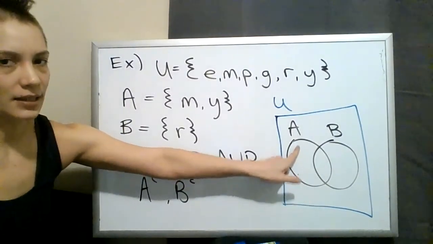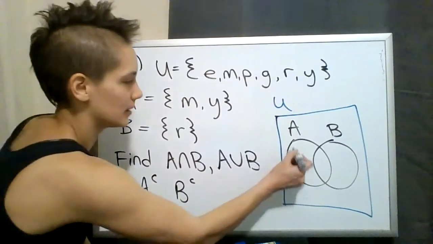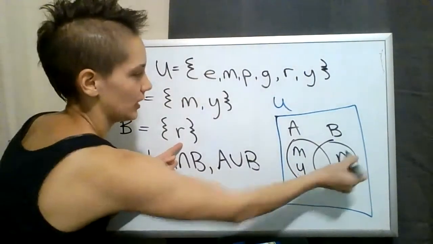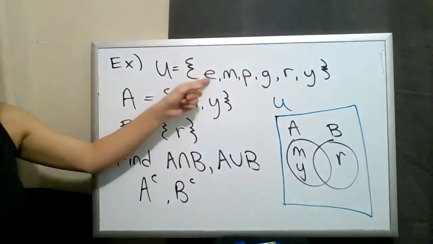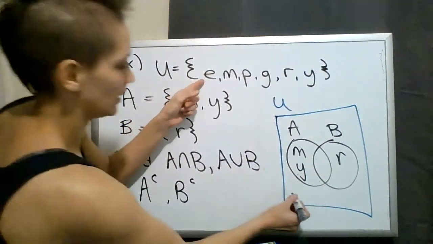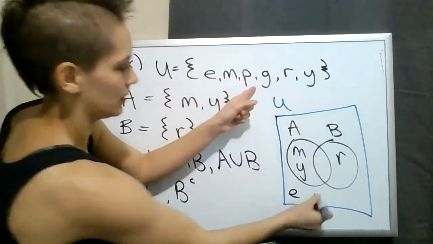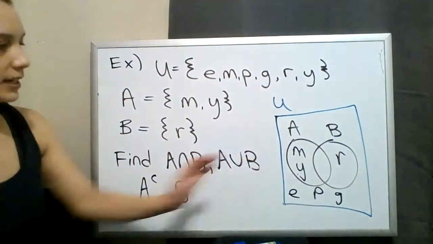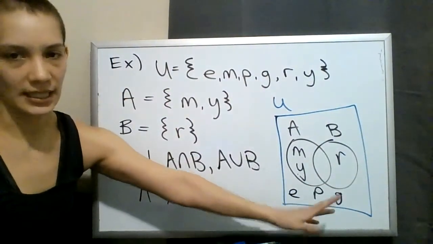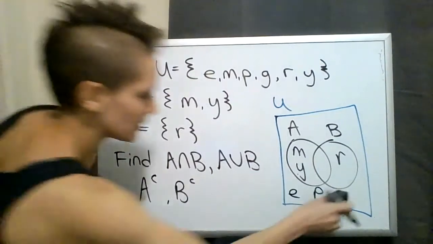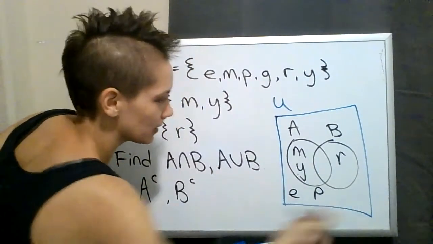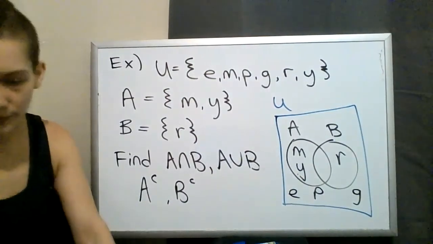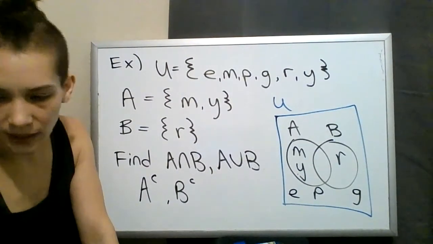In the set A, you have 2 elements. Over in set B is just 1. Outside of both sets, you need the other elements in your space. Got E, P, G, and that's it, sitting outside of both sets. E, P, G.